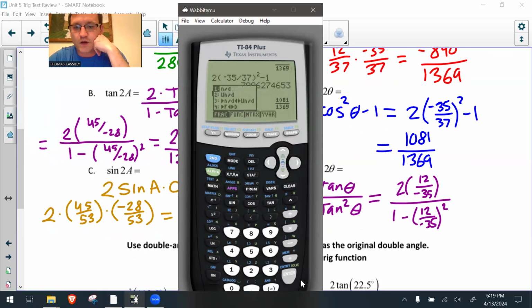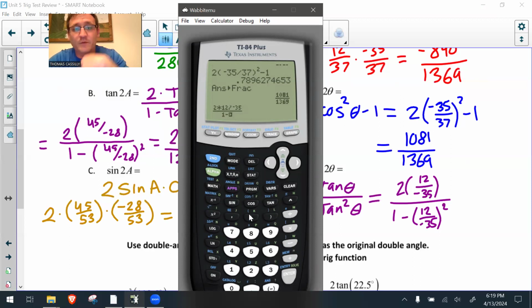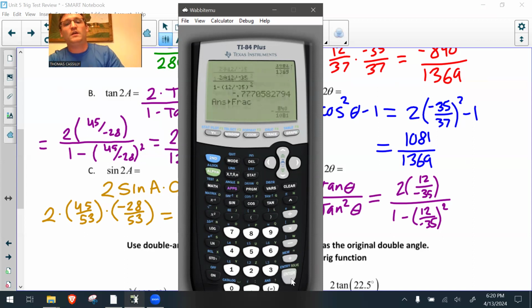Making the fraction. 2 times 12 negative 35ths on top. 1 minus, so I'm going to put the parenthesis here, 12 negative 35, close your parenthesis, square it, press enter, turn it into the fraction, right?